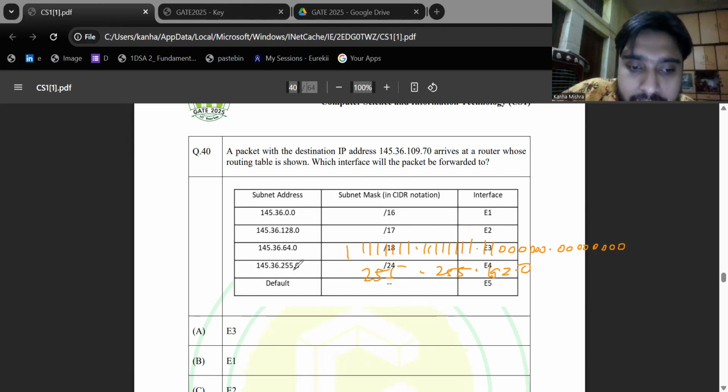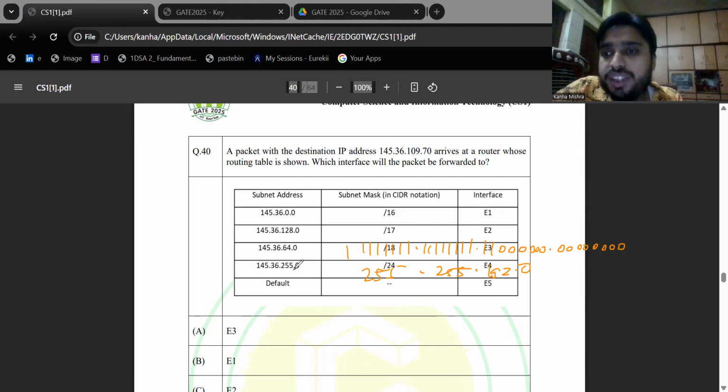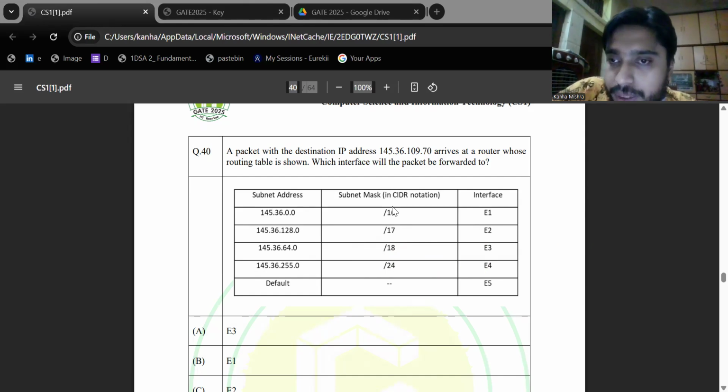You can convert and do this for every single one of them, taking the subnet and performing the AND operation. Then what you will figure out is that the E3 one is the matching one.